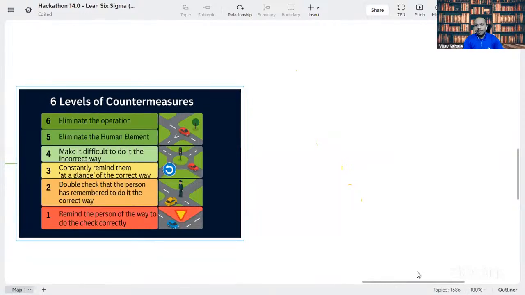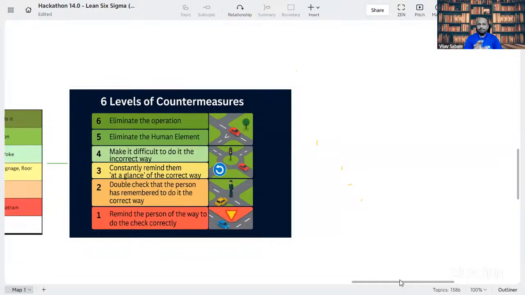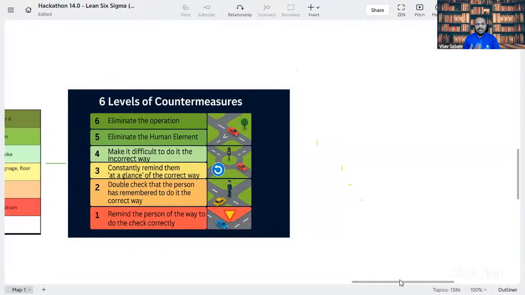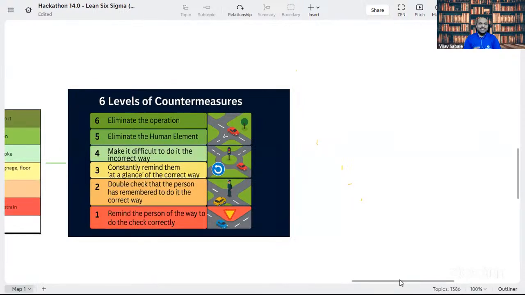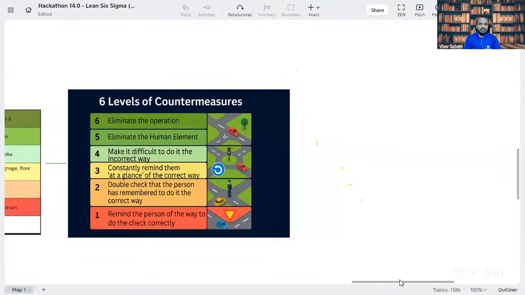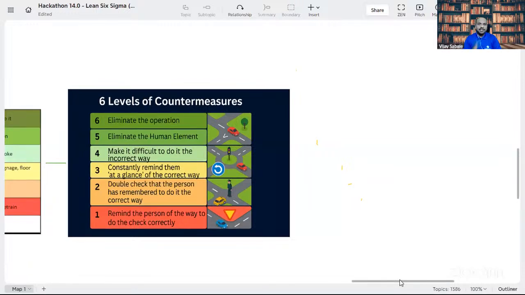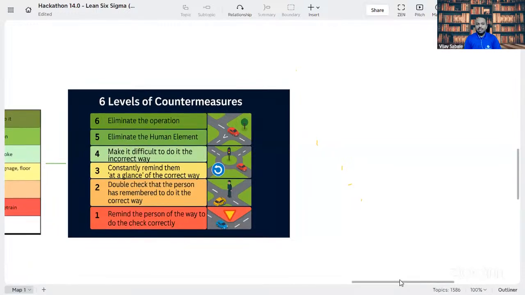So if you look at the problem, there are always six levels of countermeasures present. If you want to deliver your project to its full capacity, full effectiveness, or I can say the highest results, it's very important that you have the countermeasure at least at level 4.